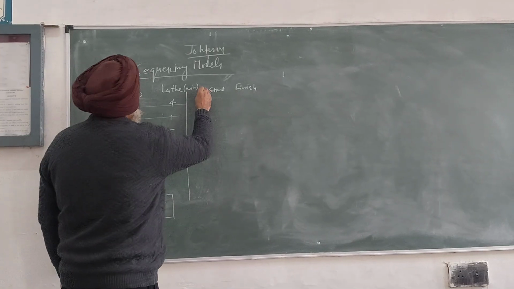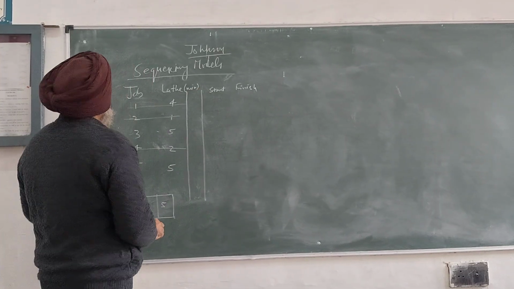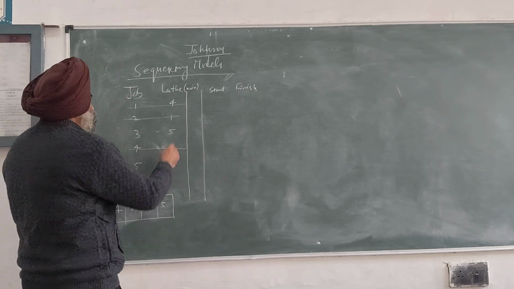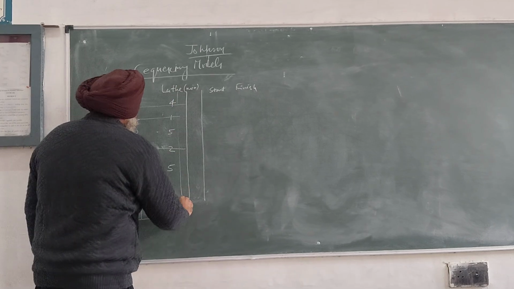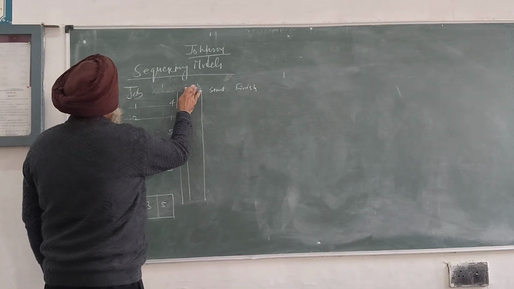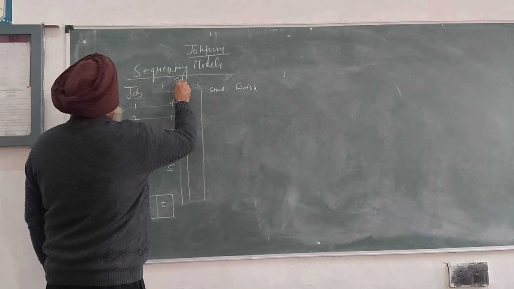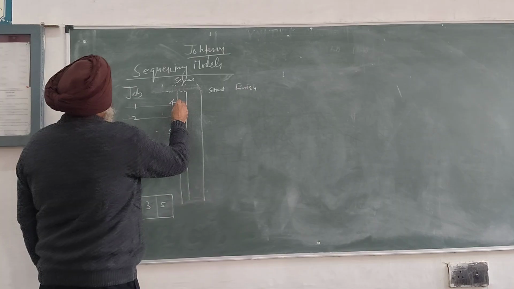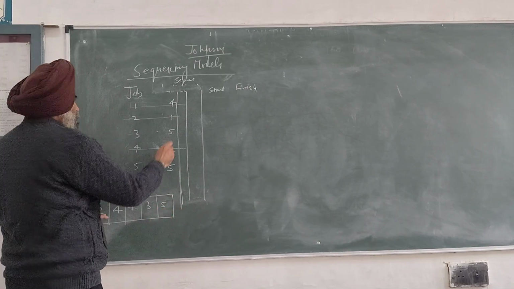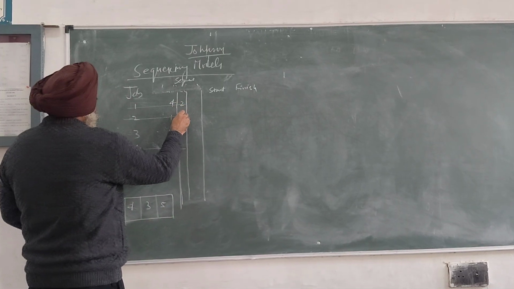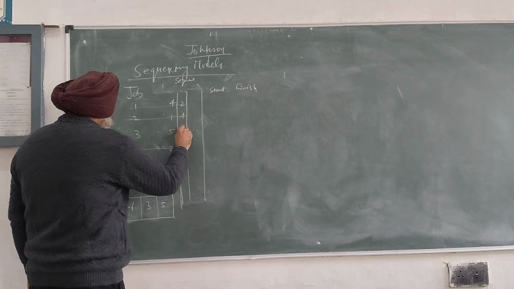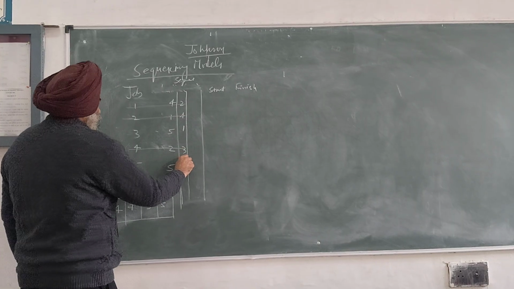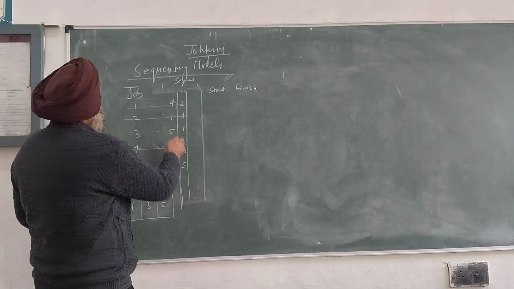The sequence is very much clear. First of all, mention the sequence. The sequence is, first of all, job number 2, then 4, then 1, then 3, then 5.